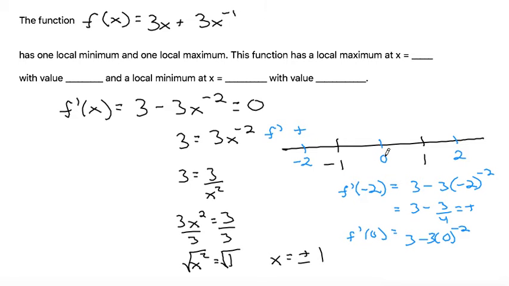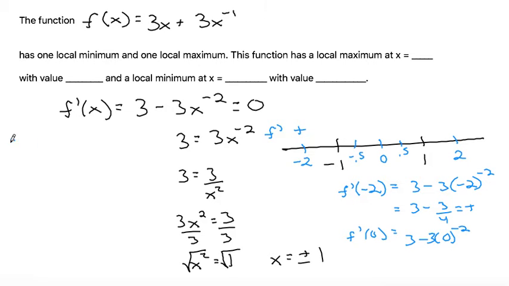Actually, we should probably make that a critical point, because that makes the denominator go to 0. So let's not use 0. Let's actually use a number to the right and left of 0. Let's use negative 0.5 and positive 0.5, because the derivative doesn't exist at 0, since that makes division by 0.